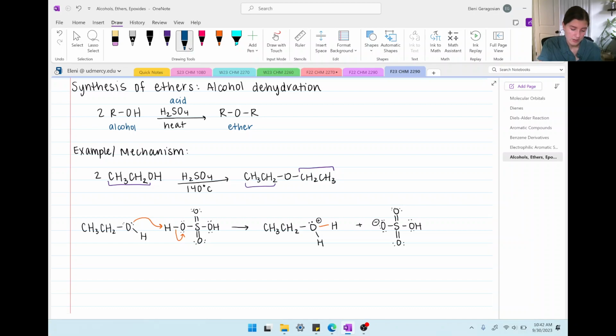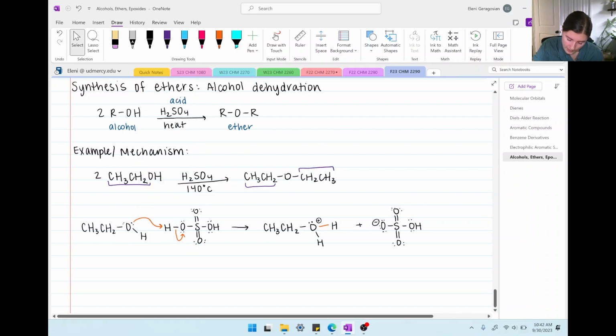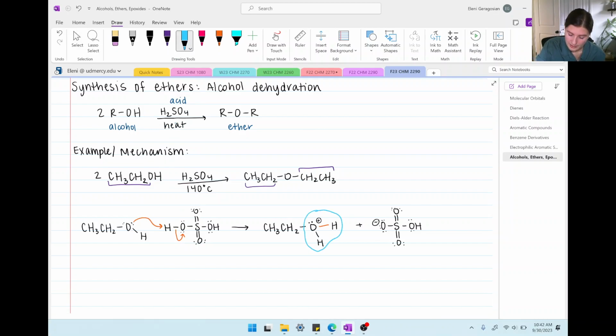On this alcohol molecule, we now have an H2O group. This is a good leaving group. We've protonated alcohols in Organic Chemistry 1 to make good leaving groups. We will do this in future reactions this semester as well.